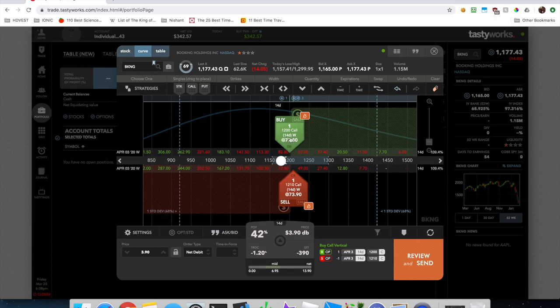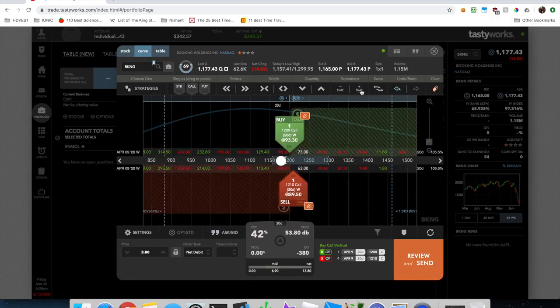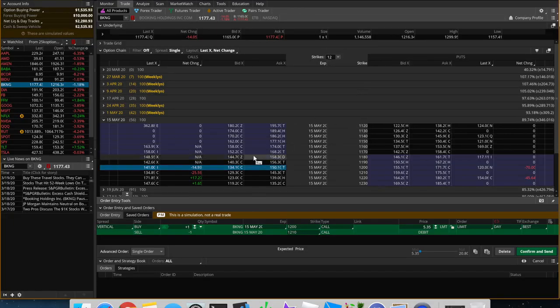Only problem is it says 14 days to expiration. That wasn't the case. We need to switch to May. So you can just go to this section, expirations, and click on plus time, and that'll keep changing the expiration date. In our case, the 15th May was 56 days.